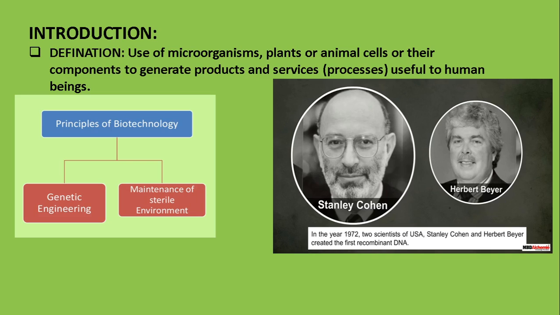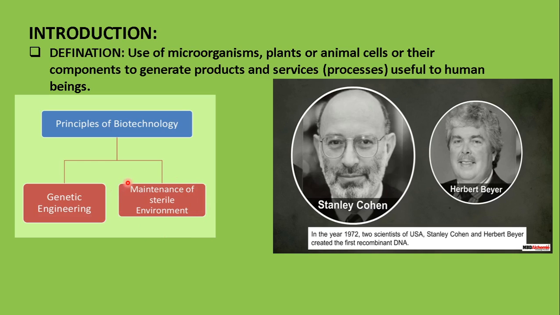Now, what are the basic principles involved in biotechnology? They are genetic engineering and maintenance of a sterile environment. Maintenance of a sterile environment means to maintain aseptic conditions, free from any contamination.